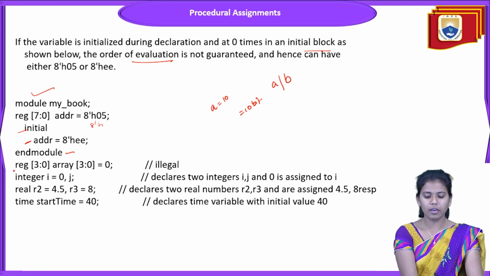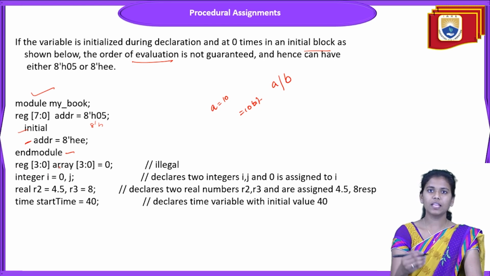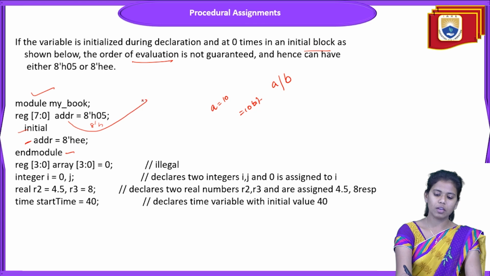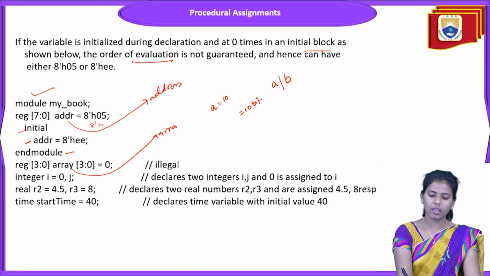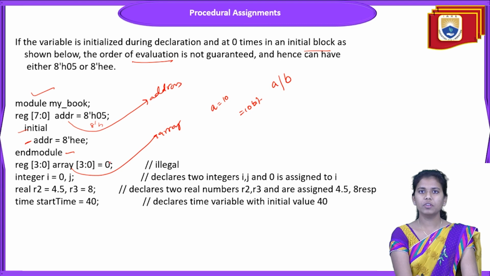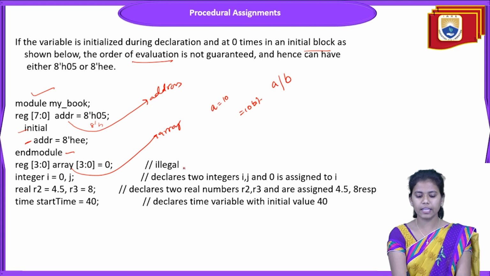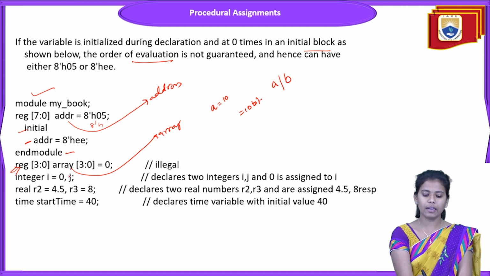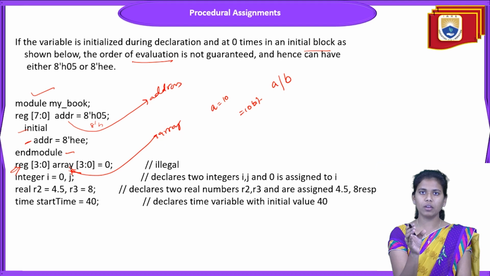Now here, reg 3 to 0 with an array. Here I'm initializing with the address, and here I'm initializing with the array. So array of 3 to 0 which is equals to 0, this is illegal. You cannot mention the register, the net, and the data, and also mention where you are storing it.